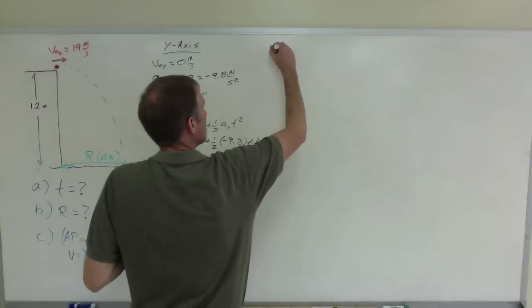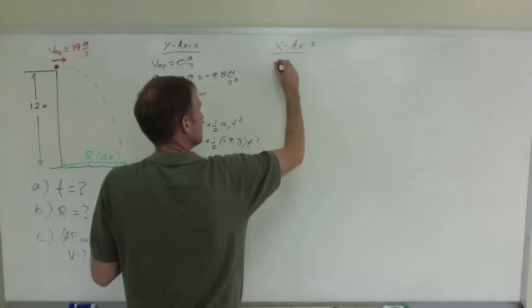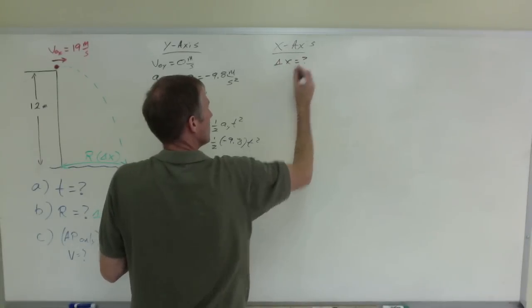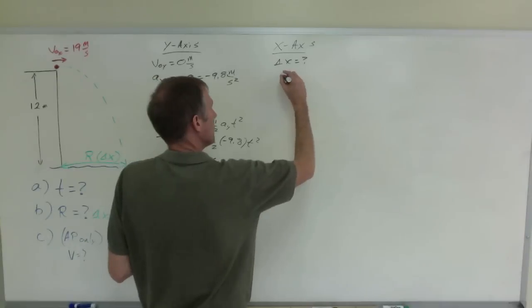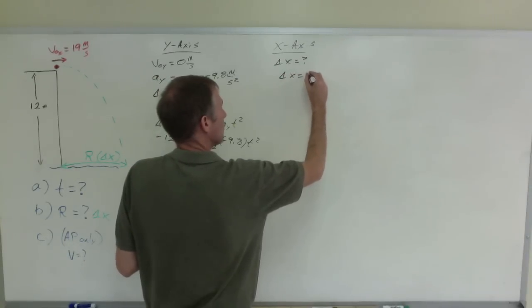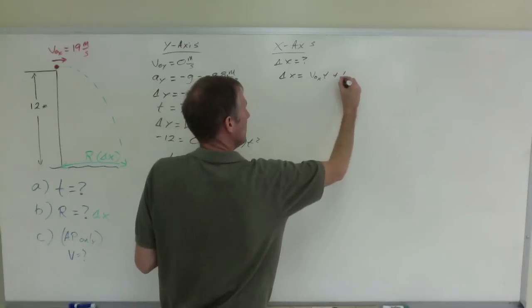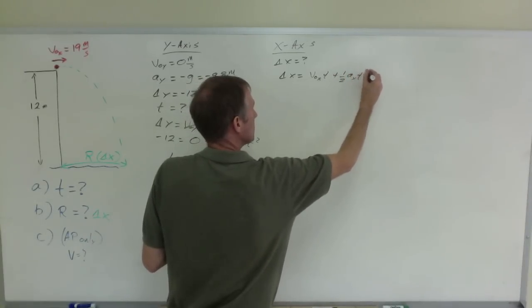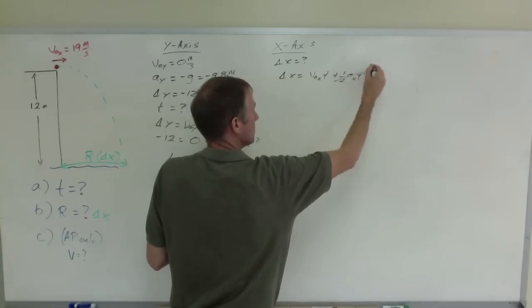So, x-axis. The range, or delta x if you prefer. Well, you only have one equation for this, and that is the fact that delta x equals v sub 0x times t. You have plus 1/2 a_x t squared, but there's no acceleration in the x-axis, and so that's 0.